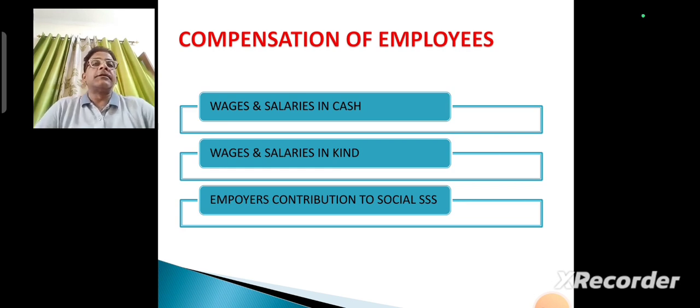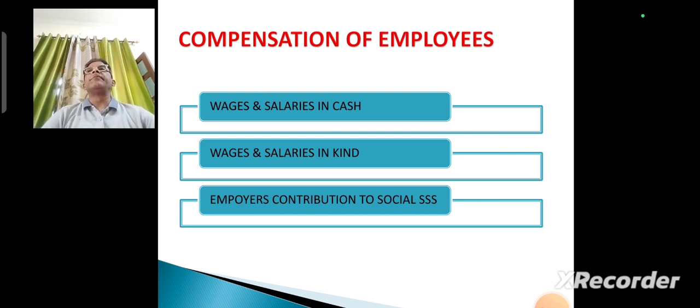After that, the third important component of the compensation of employees is the employer's contribution to social security schemes. See, there are certain social security schemes like pension and provident fund. These schemes provide financial security to the people when they get retired.